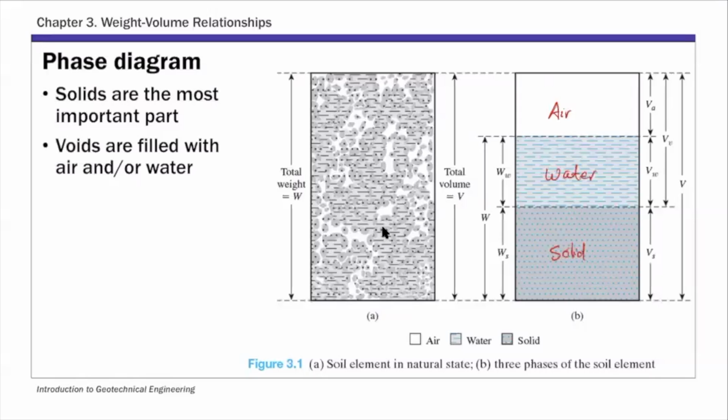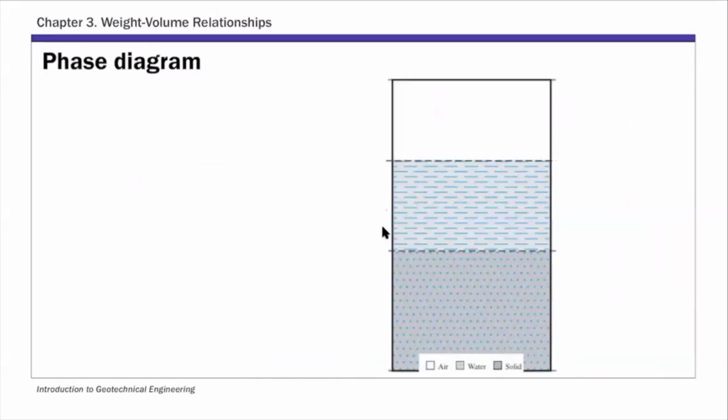There are many symbols here, so I'll explain all these symbols one by one. Let's zoom in a little bit here. Again, we have 3 phases: solid, water, and air. On a phase diagram, you have what we call the weight side and the volume side. I mark all these different phases on both sides. So we have weight, and then volume.